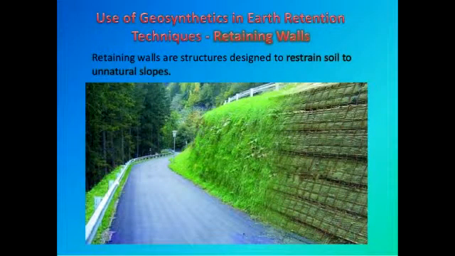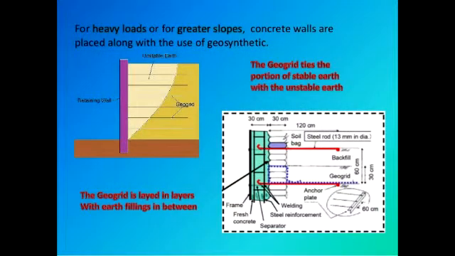For example, the use of geosynthetics in earth retention techniques is retaining walls. Retaining walls are structures designed to restrain soil at unnatural slopes. For heavy loads or for greater slopes, concrete walls are placed along with the use of geosynthetic. The geogrid ties the portion of stable earth with the unstable earth.